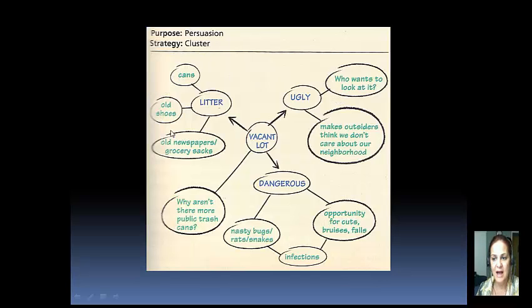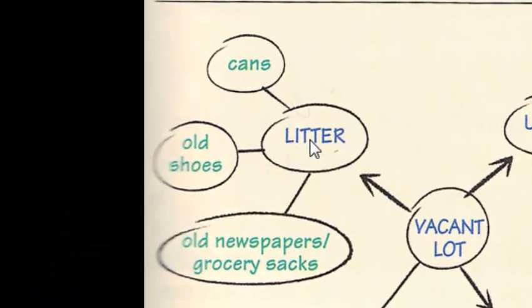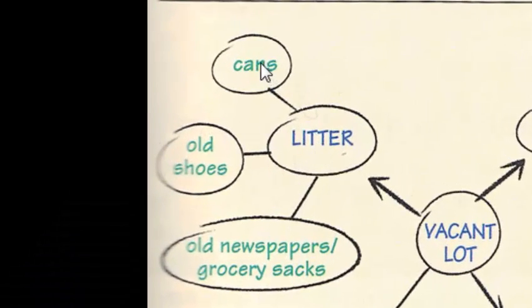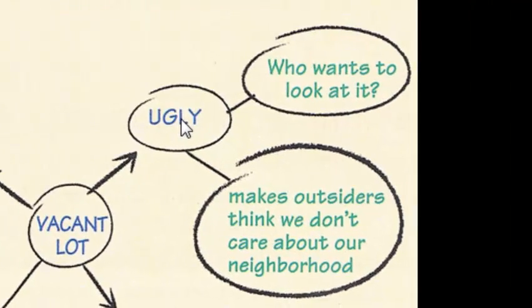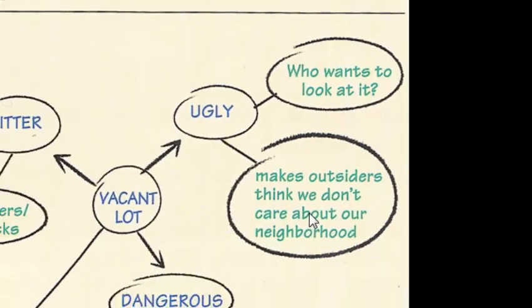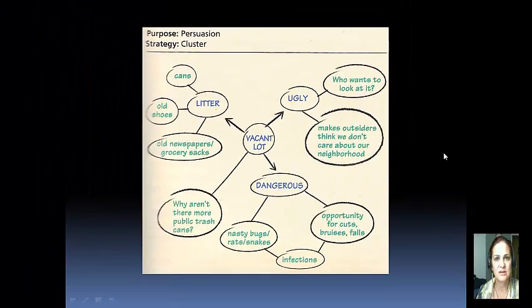The items in green around each are your elaboration or commentary. For example, when the person talks about the litter, they give examples of cans, old shoes, old newspapers, and grocery sacks. When they talk about how ugly it is, they ask, who really wants to look at this? And what do outsiders think of our neighborhood? So this is a cluster strategy.